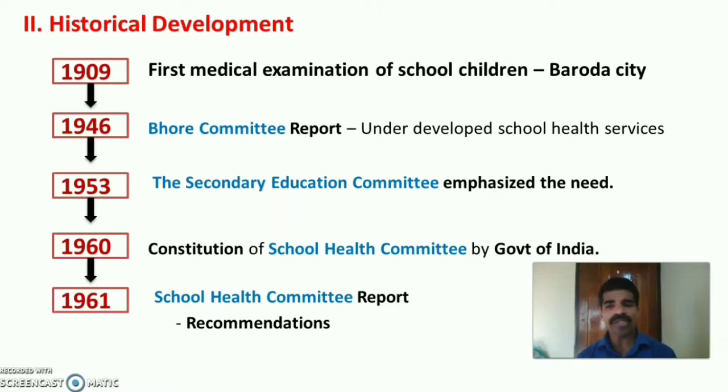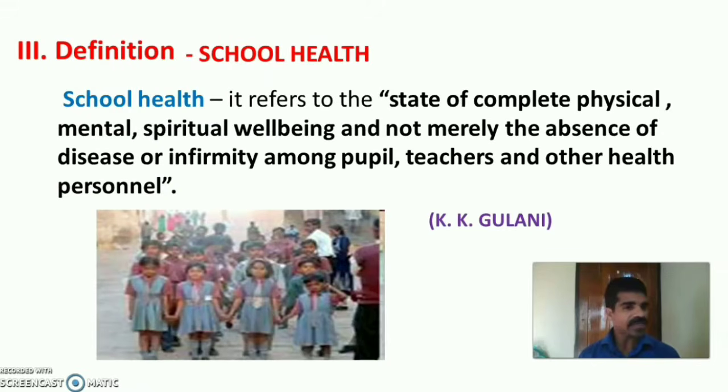Then in 1953, the Secondary Education Committee emphasized the need for school health services and school nutrition program. In 1960, the Government of India constituted the School Health Committee. Later in 1961, the School Health Committee gave a report with certain recommendations to improve the health of school children.